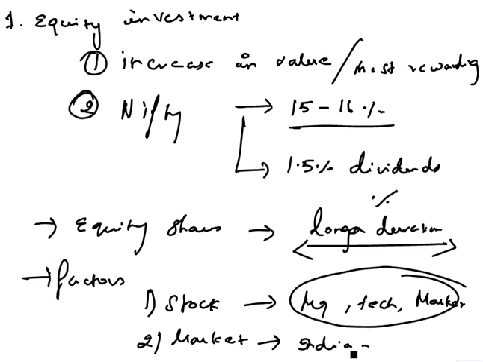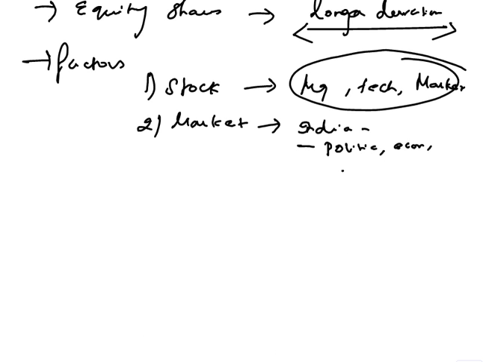So maybe it depends on political factors, economic factors, and maybe even social factors, environmental factors, and the budget. These are the factors that influence the sentiments of the investor as a whole towards a particular market.